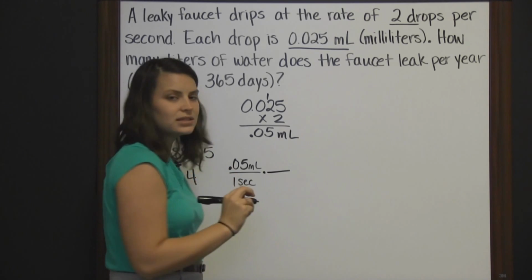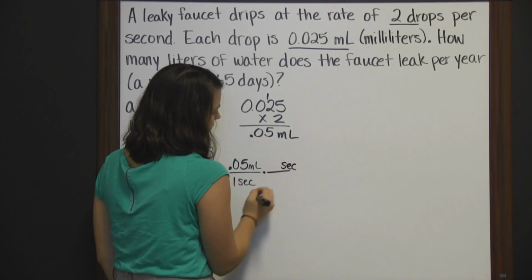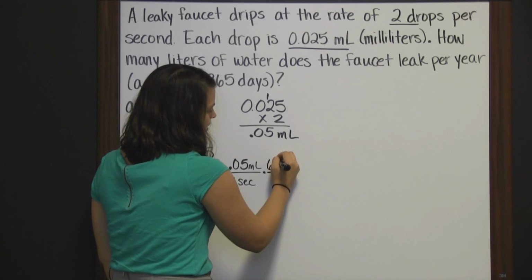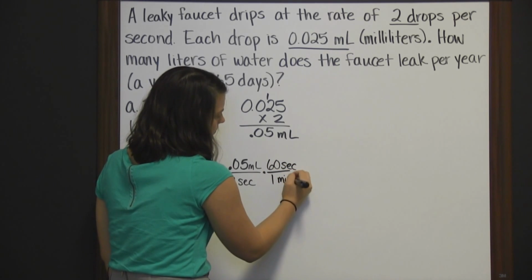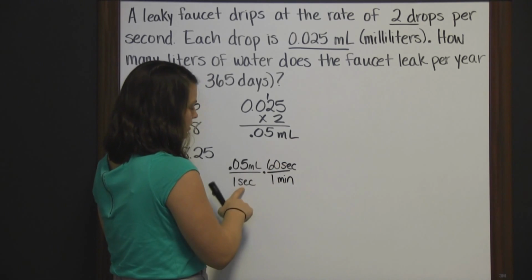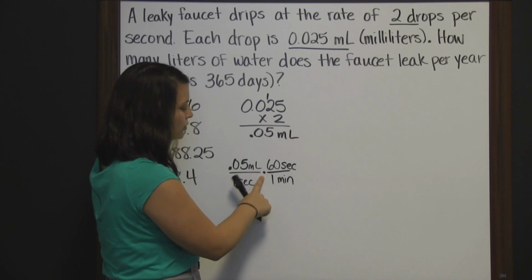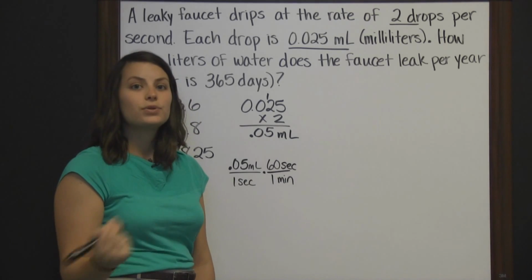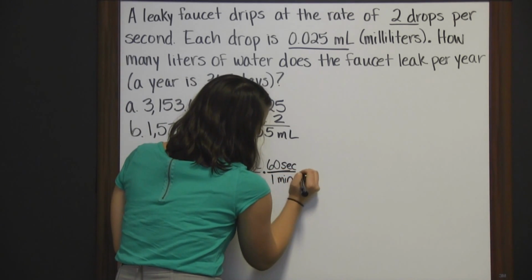So if I have seconds in my denominator, then I need to have seconds in my numerator. And I know that 60 seconds is 1 minute. Now the reason I put seconds in these diagonal positions is that we're multiplying fractions, and so those units will cross cancel.